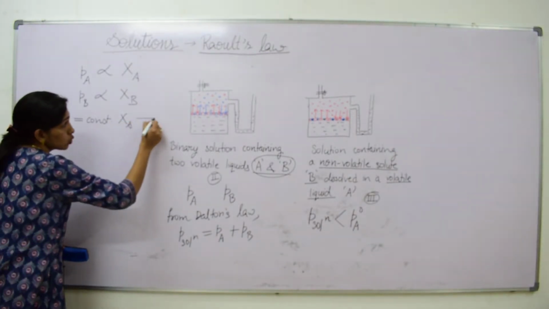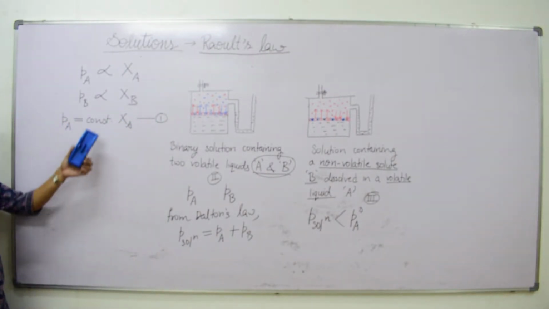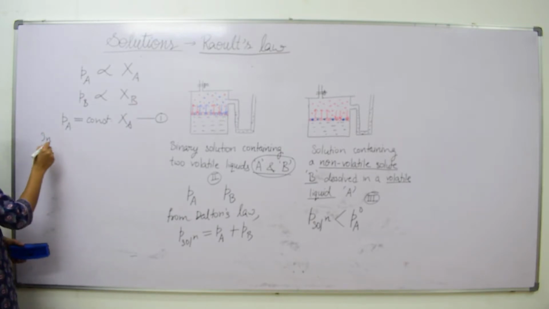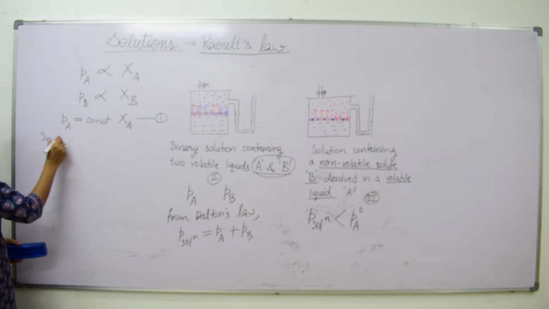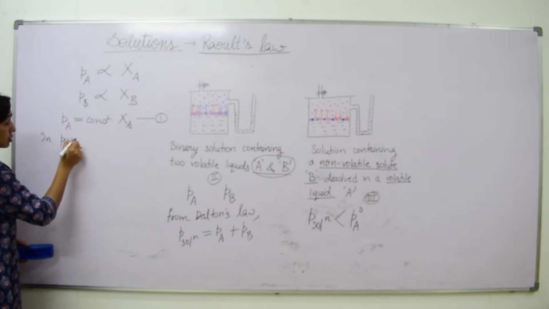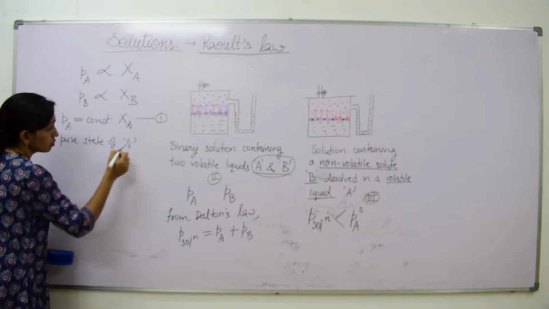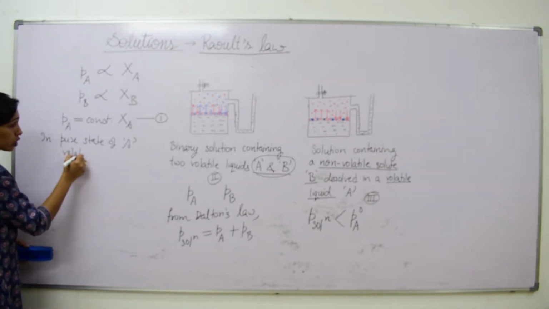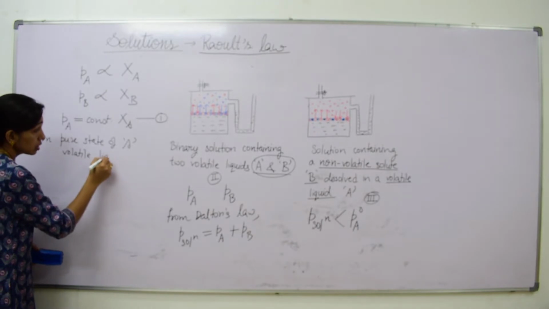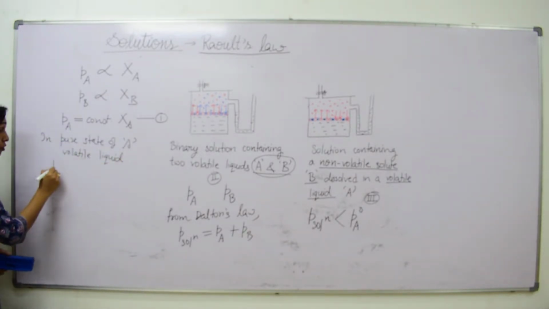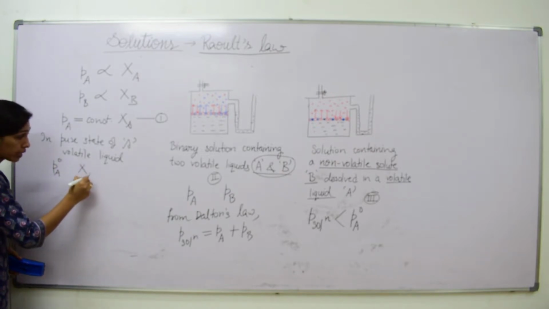To get the value of this constant, we consider the pure state of A. In the pure state of volatile liquid A, the vapor pressure of A will be PA naught and the mole fraction of A will be 1.